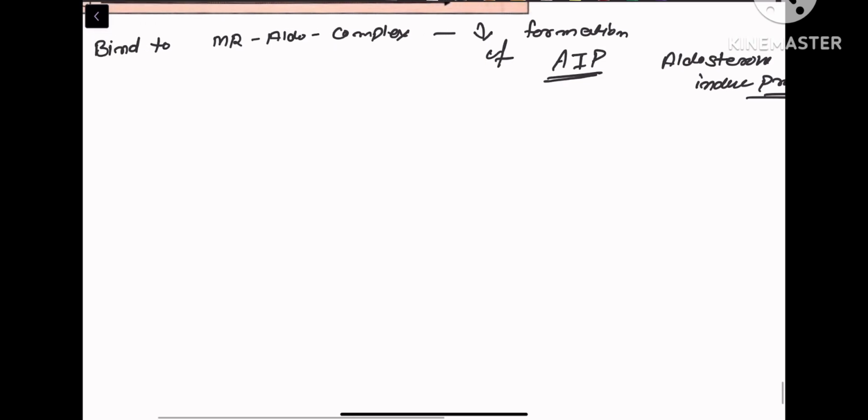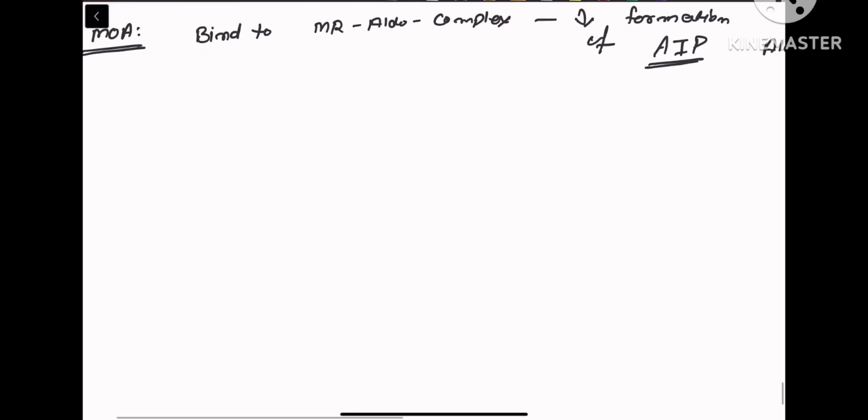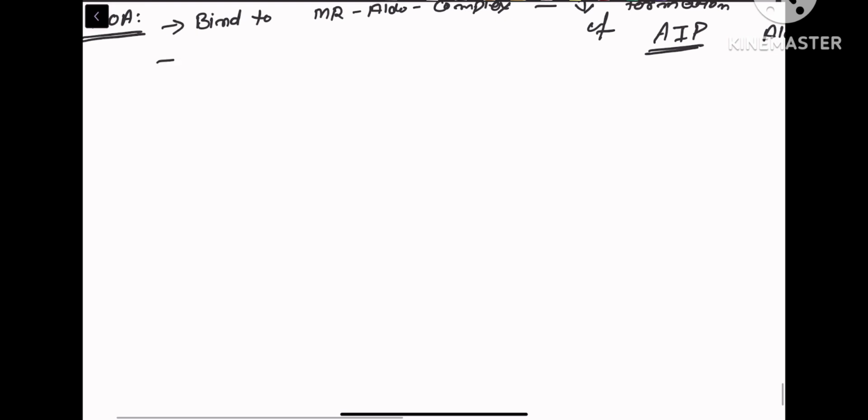Okay, and amiloride acts on the epithelial sodium channel. Okay, then use.